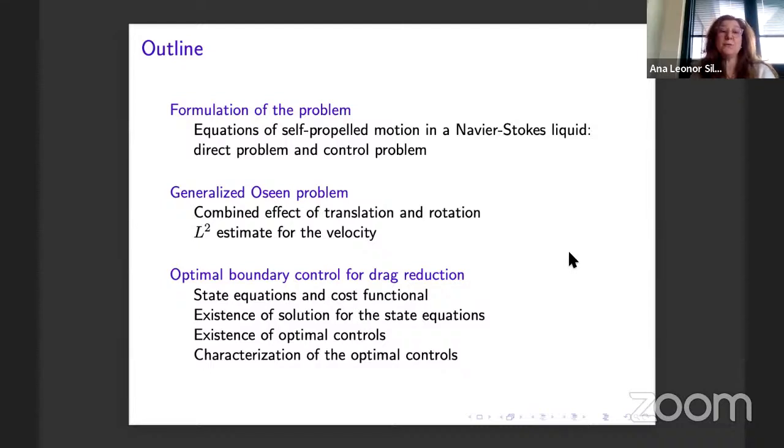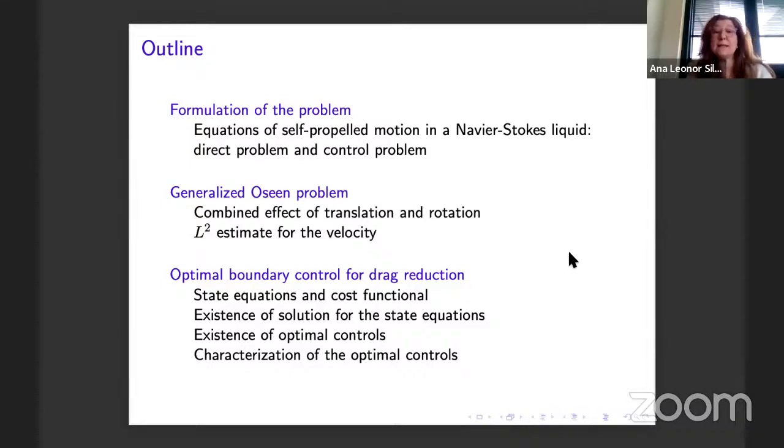I am going to show the derivation of the equations. In particular, we worked with the steady state counterpart of this fluid structure interaction problem, and then I am going to formulate the control problem.